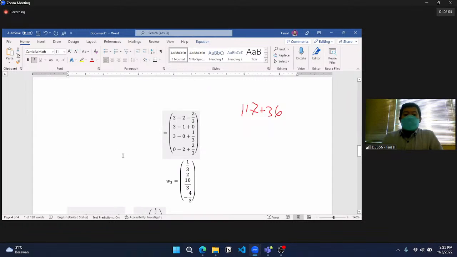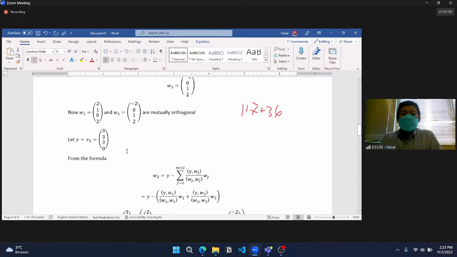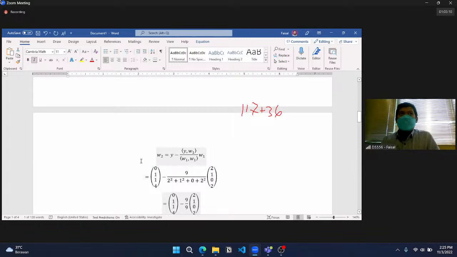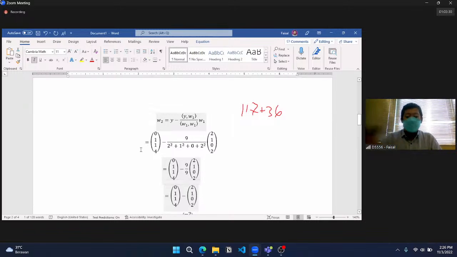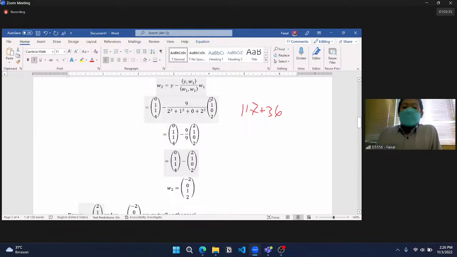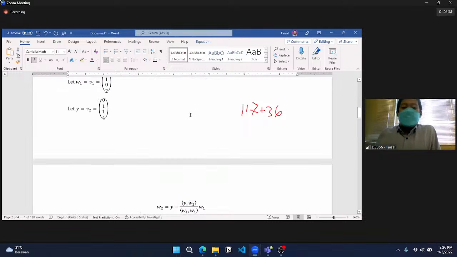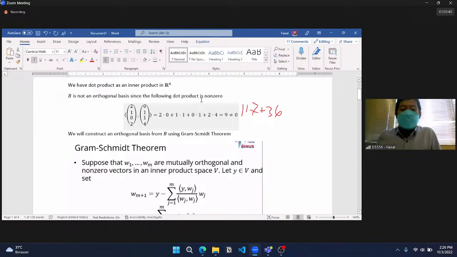So from this example, we can always produce an orthogonal basis from an ordinary basis, and we can also produce an orthonormal basis from an orthogonal basis. Okay, any questions for the Gram-Schmidt process?